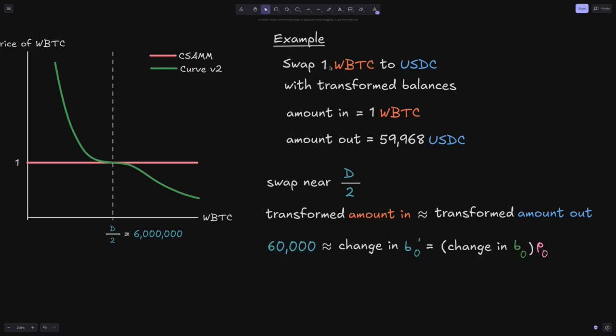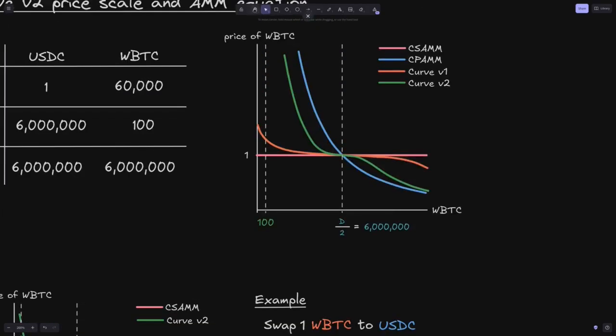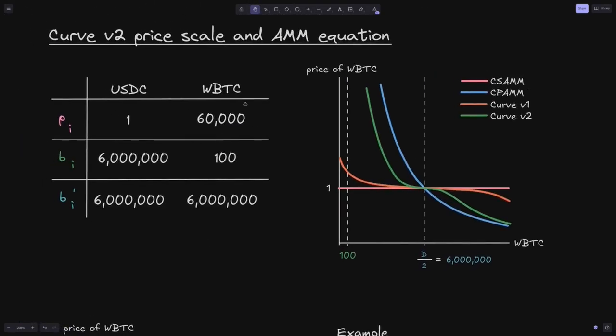In this example, we put in 1 WBTC. 1 WBTC, we need to transform it into the transformed amount in. We'll need to apply the price scale of 60,000. 1 WBTC will be the actual amount of WBTC. Multiply that by the price scale, so 1 times 60,000.